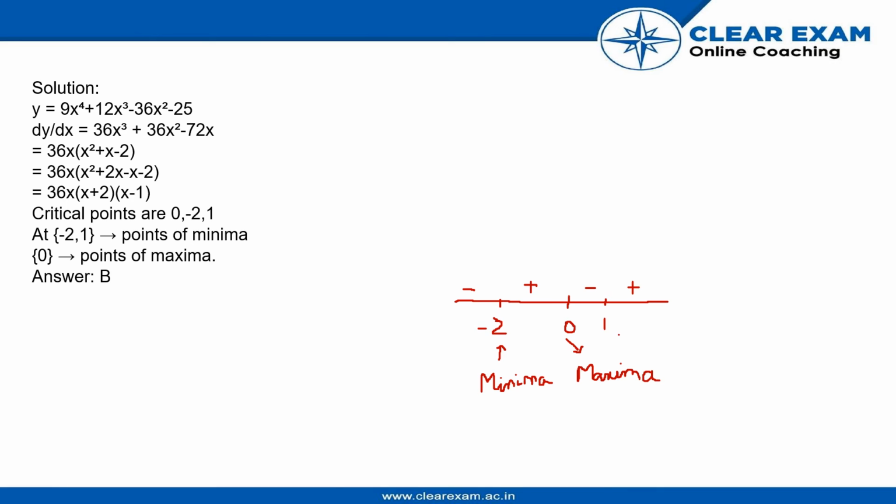And 1 is our point of minima. So minus 2 and 1 are points of minima, and 0 is the point of maxima. So our correct solution is option B.